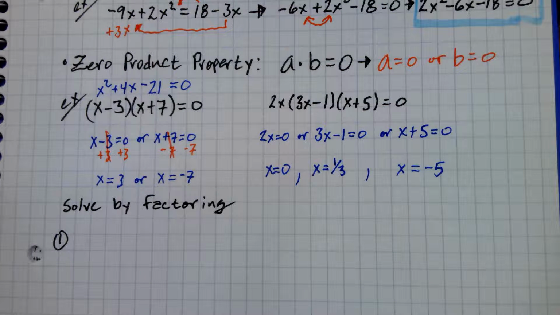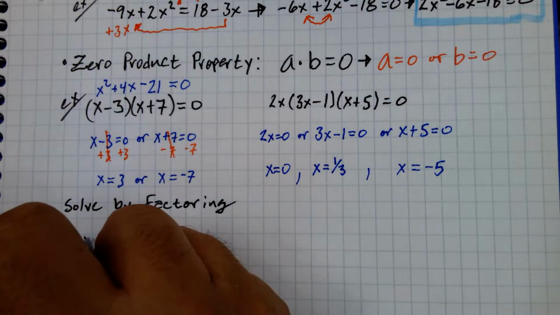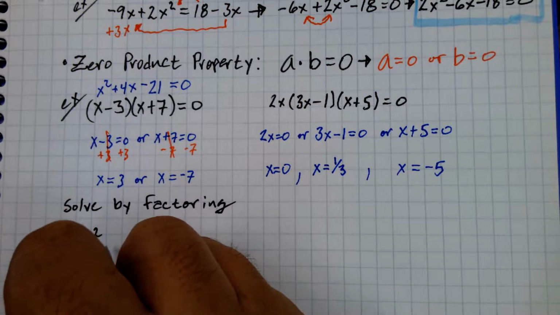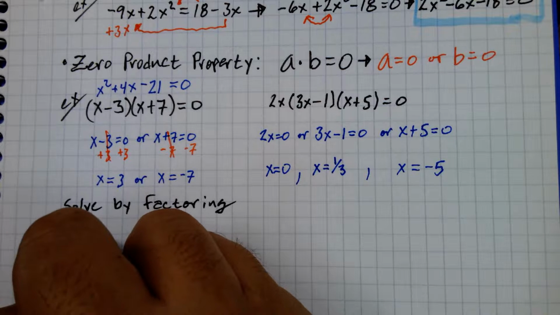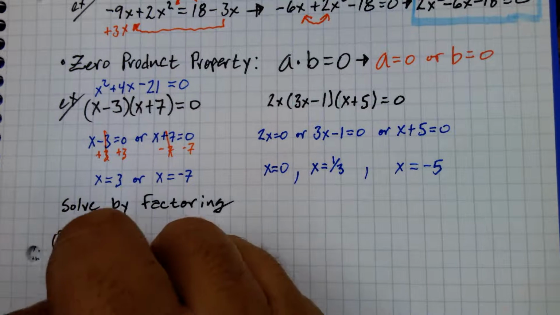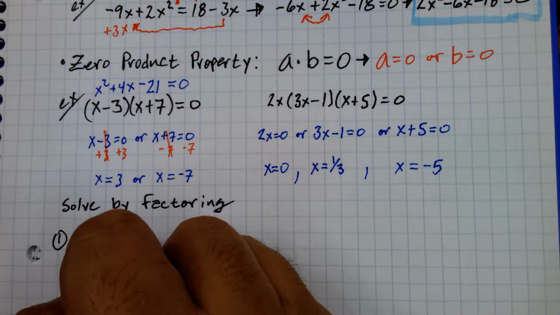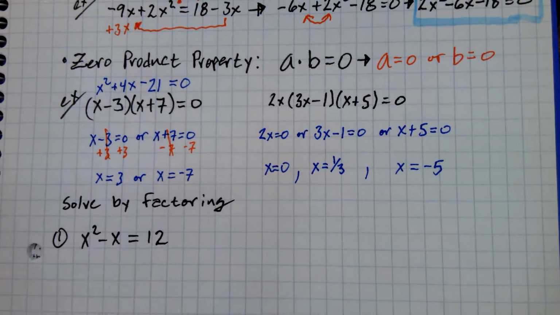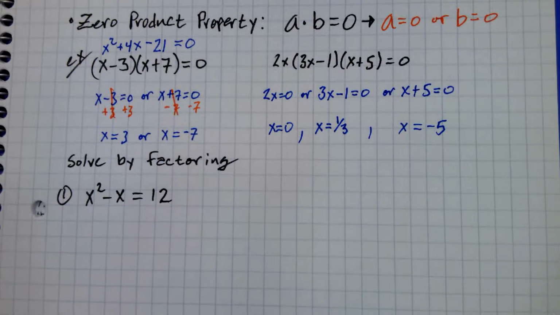Let's see here. X squared minus x equals 12. Go ahead and write that down. X squared minus x equals 12.